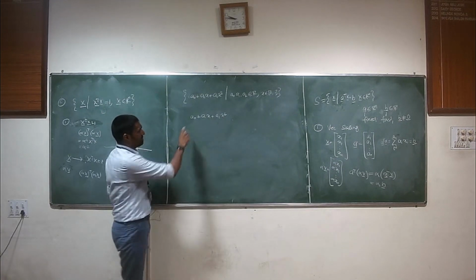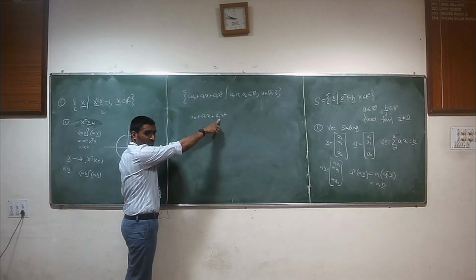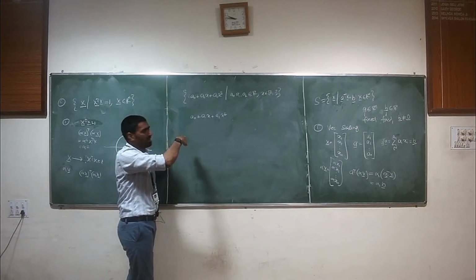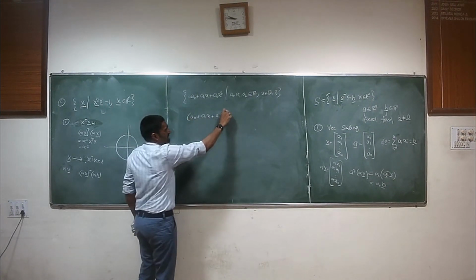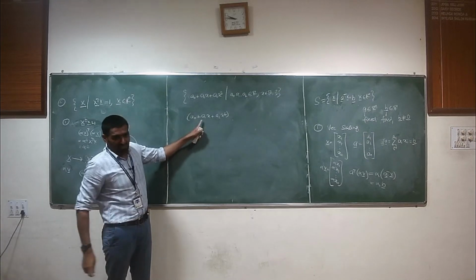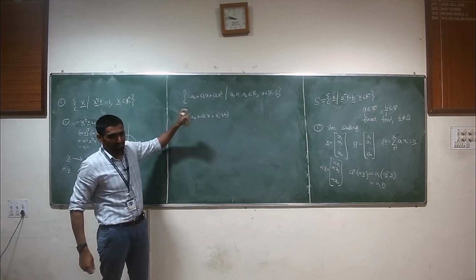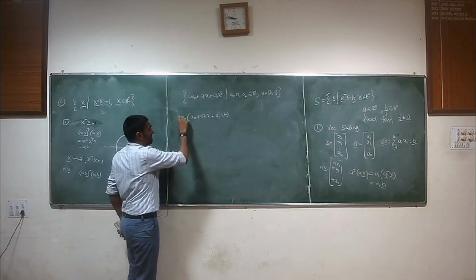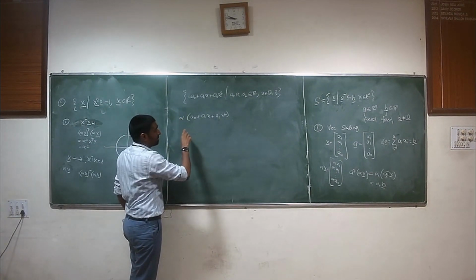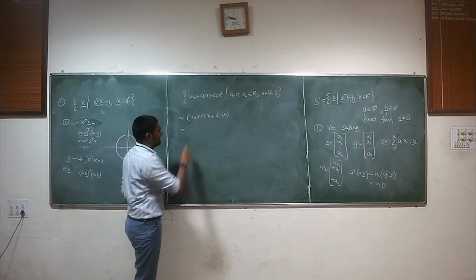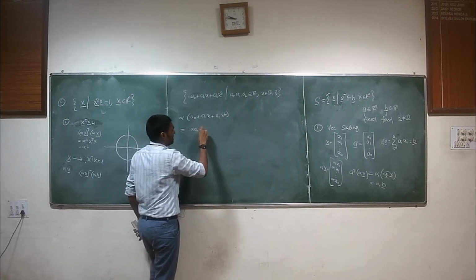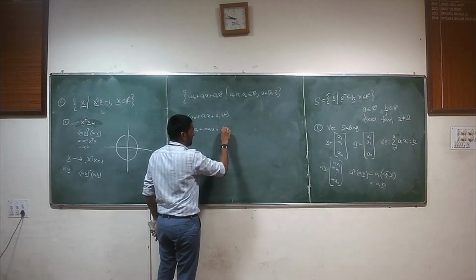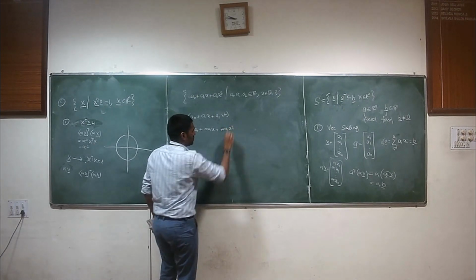Now you will agree this is an element from that set because a0, a1, a2 are real numbers. Scaling would simply mean I multiply this vector by some real number alpha. If I multiply by alpha, what do I get? I get alpha a0 plus alpha a1 x plus alpha a2 x squared.